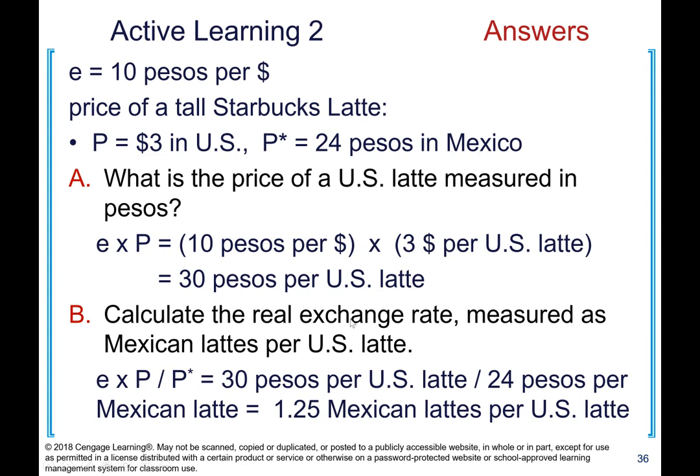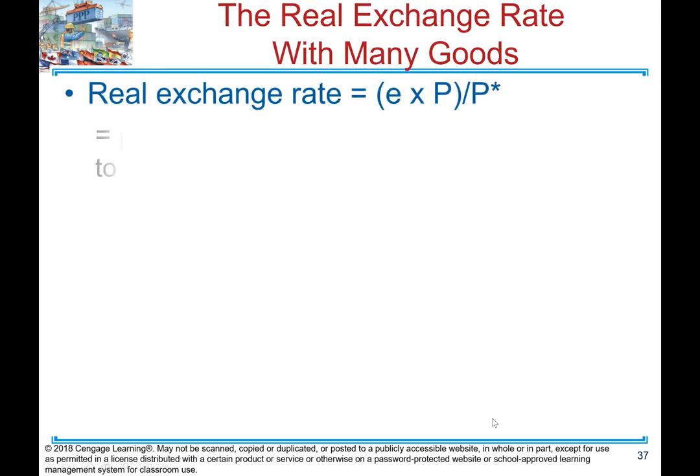Number B, calculate the real exchange rate measured as Mexican lattes per US latte. The formula for real exchange rate is e times P over P star, and therefore that would be 30 pesos per US latte divided by 24 pesos per Mexican latte, which is equal to 1.25 Mexican lattes per US latte.